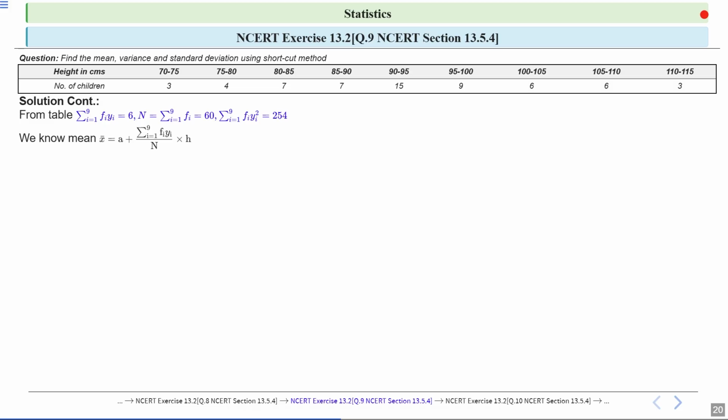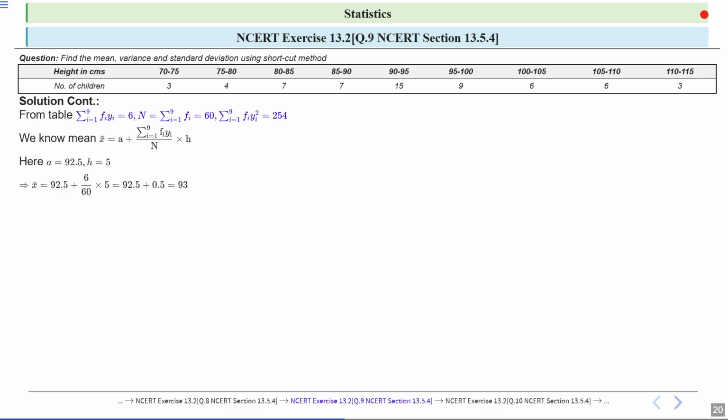And we know the mean x bar equals a plus summation from i equal to 1 to 9 of fi times yi times h divided by n. Here a equals 92.5, h equals 5.